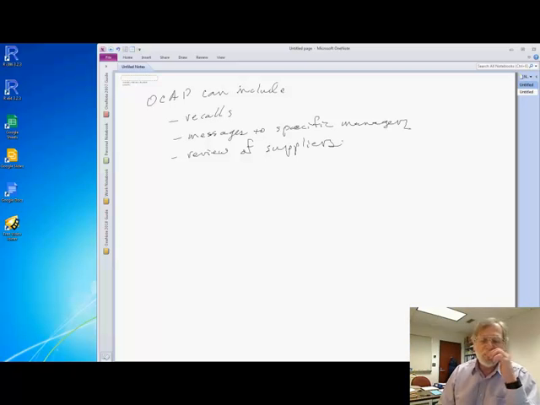So if you have suppliers that have provided material that you suspect, if you do get a signal, it may be because of materials, then the OCAP may trigger a review of what the supplier was giving you. So I just want to point out that these are management tasks. So management may become involved in the situation where you have an out-of-control event.